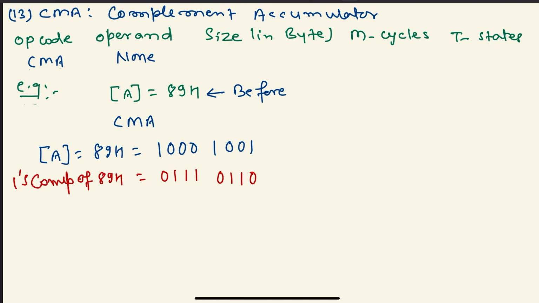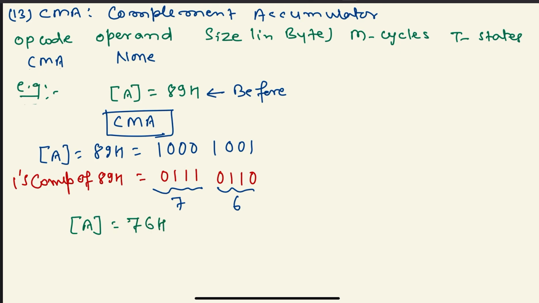Here their hex equivalent will be 7 and this will be 6. So after execution of the instruction CMA, what will be the output? The accumulator content will become 76H.